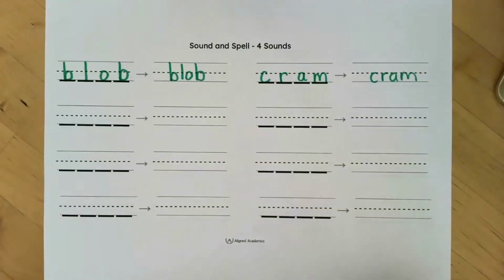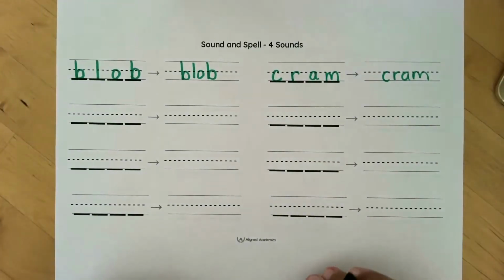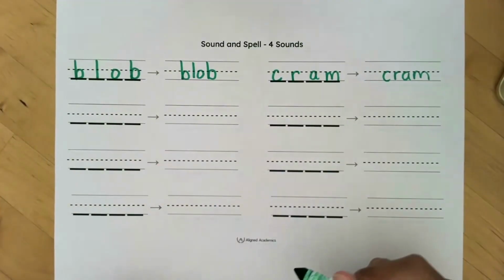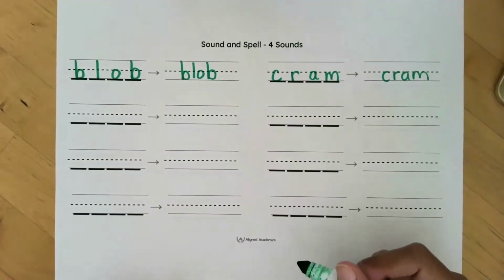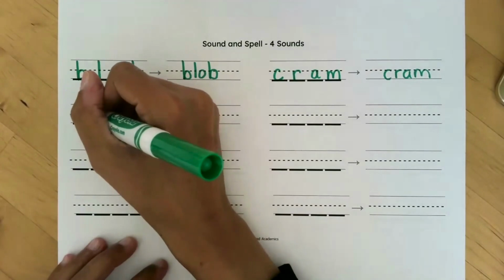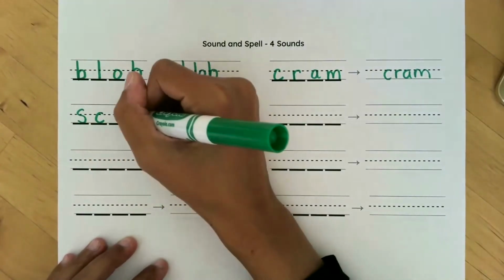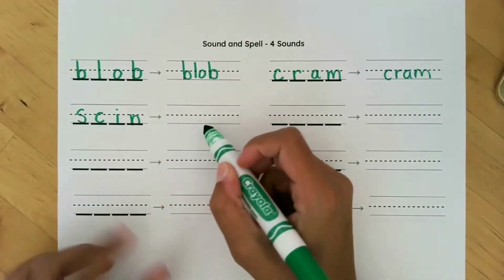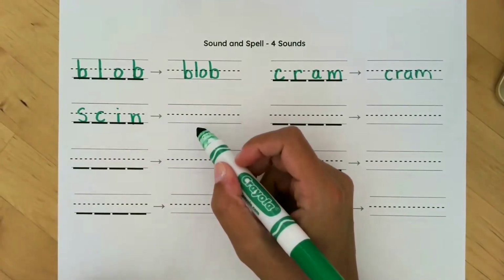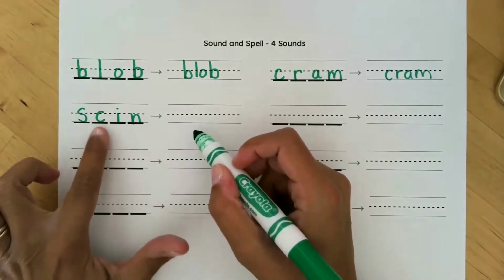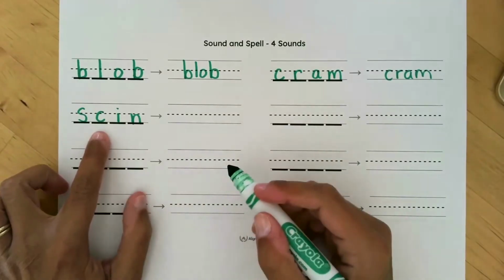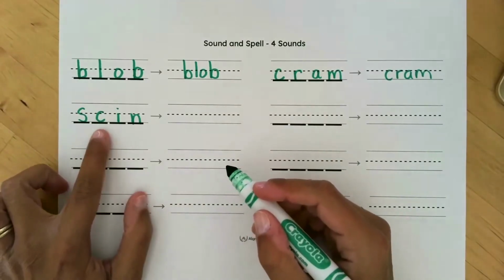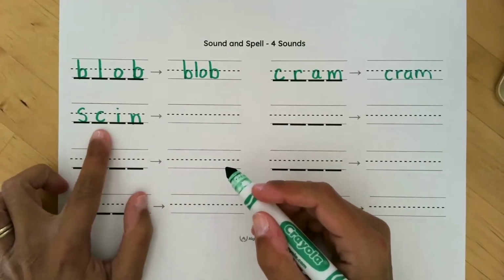I'm going to show an example where a child might make a mistake, and this is a pretty common mistake. So let's say, for instance, I give them the word skin, and they say skin, and then they go s, k, i. So before I let them go over here and write it for fluency, I'm going to stop them, and I'm going to say, okay, let's check for accuracy. This is a letter that we use for k, but what's another letter that we can use for k?